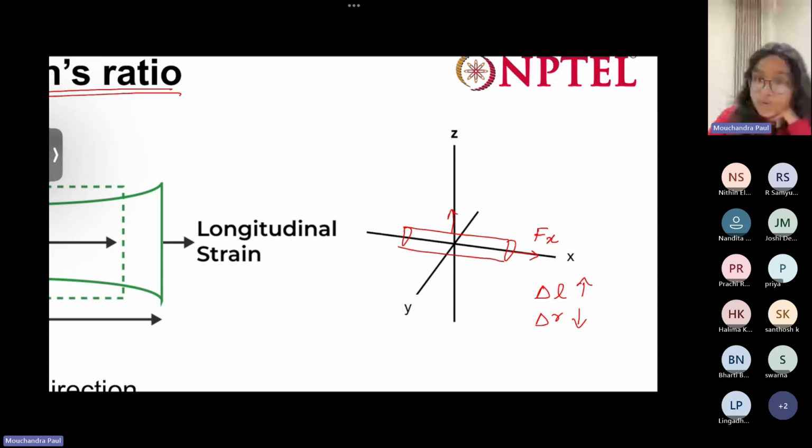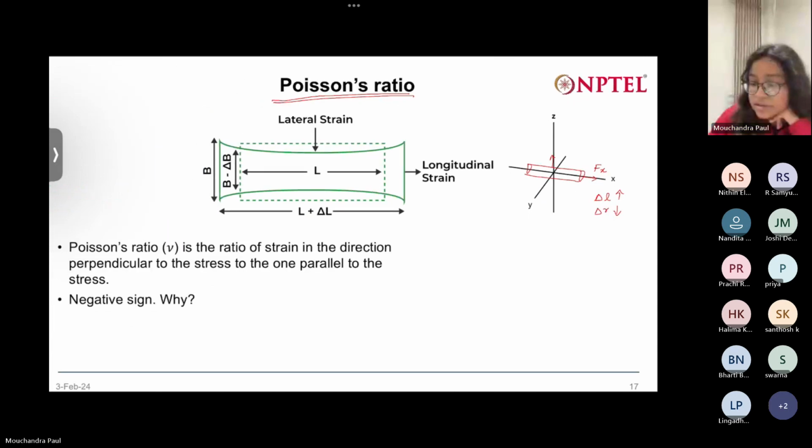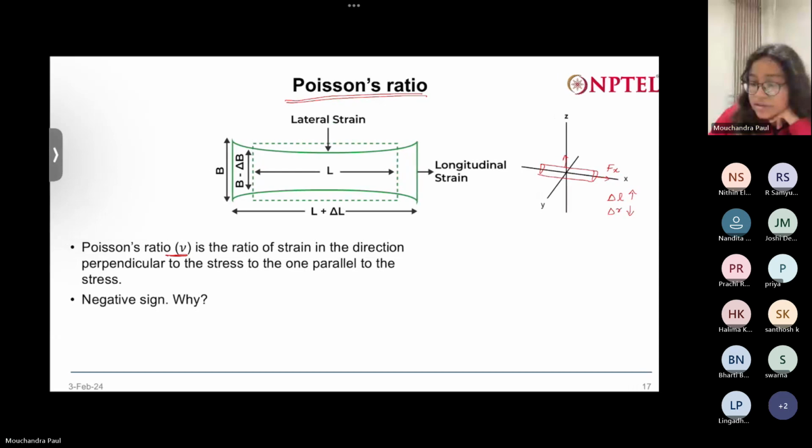From this fact, people have found out a quantity that is called Poisson's ratio, given by the Greek letter nu. For this geometry, nu is nothing but the ratio of strains: the strain perpendicular to the applied force to the strain the material is experiencing parallel to the force.